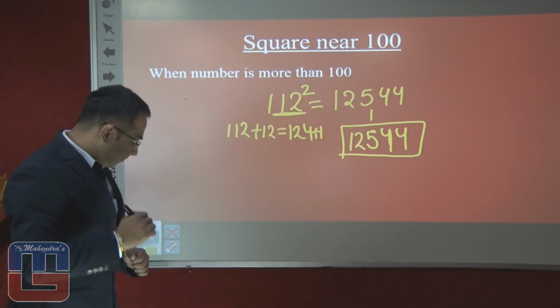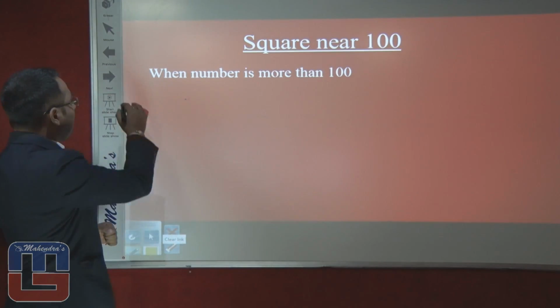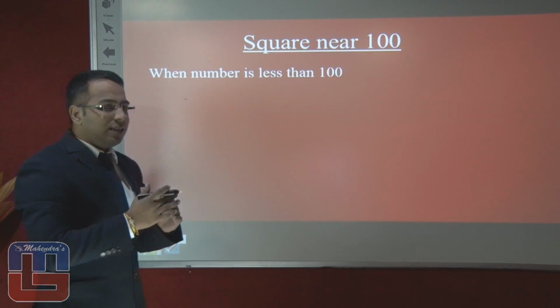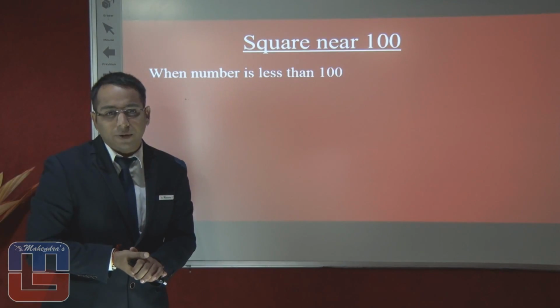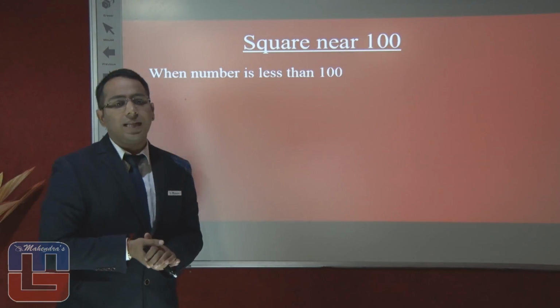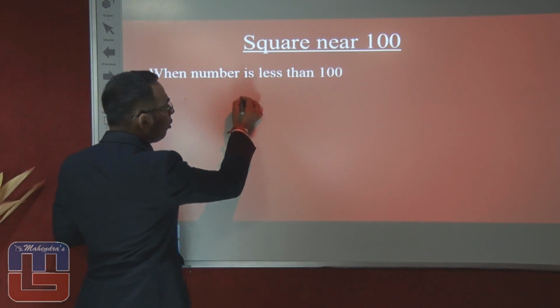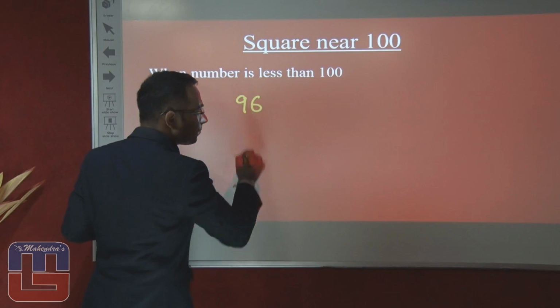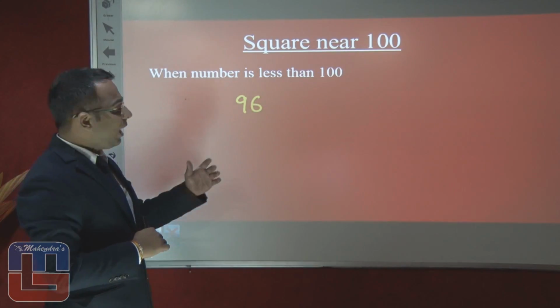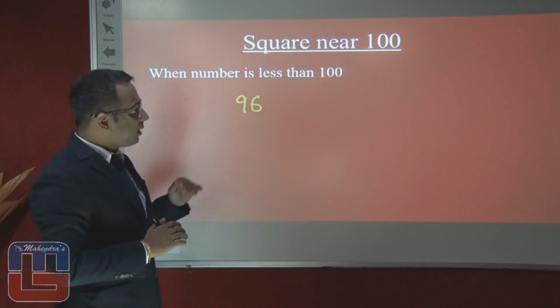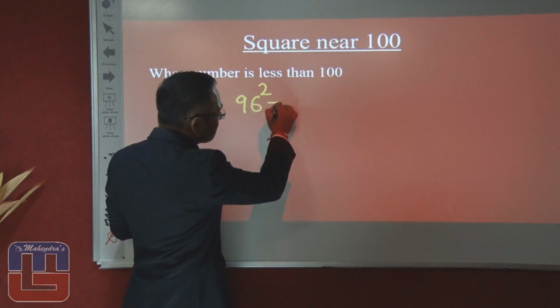Fine? Great. Let us see when the number is less than 100. If we have any number less than 100, what do we do? Let us take a small example, 96. We will find the square of 96.